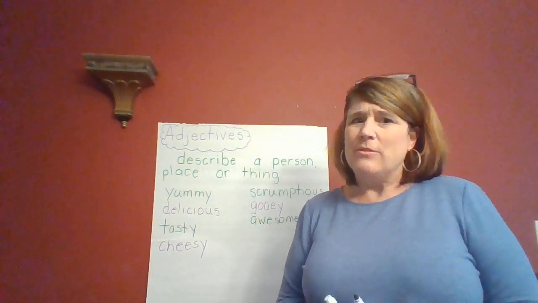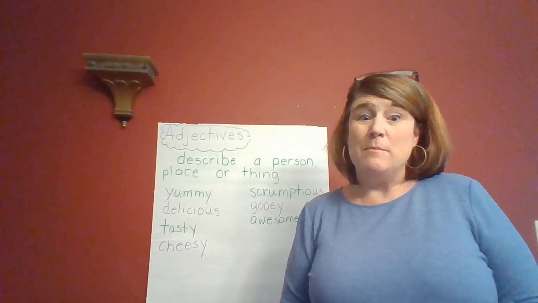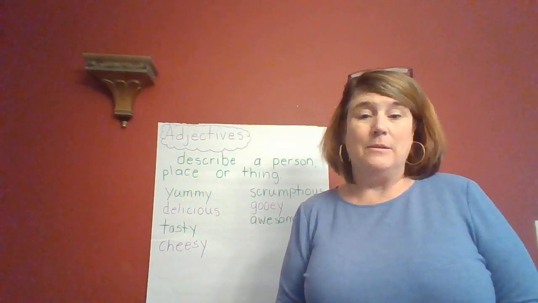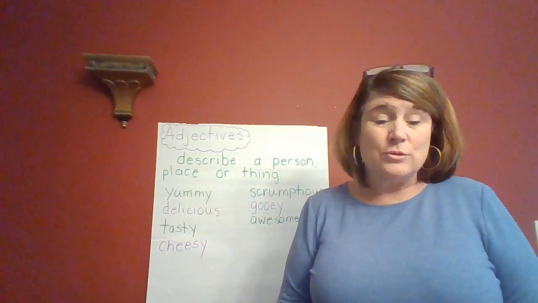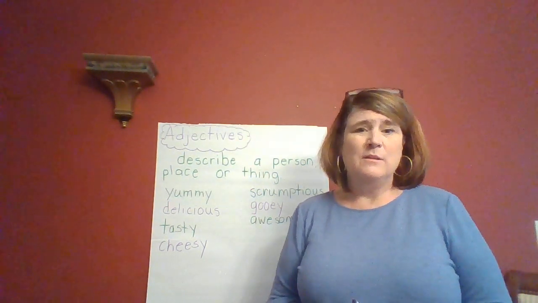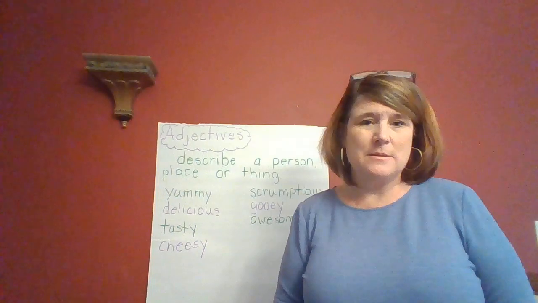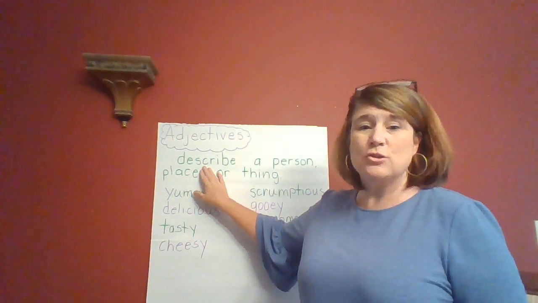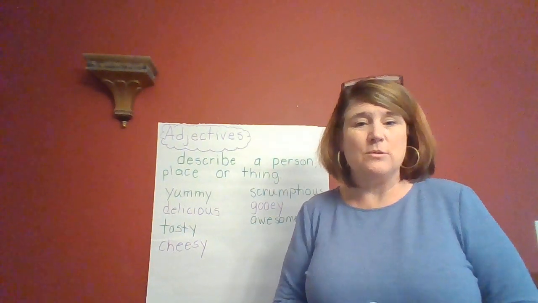But today I want you to think about all the things that you can make a list of for adjectives. Walk outside and look at the flowers and the signs of spring, or the rain, or something simple like the mailbox, and describe it using adjectives that describe that person, place, or thing.